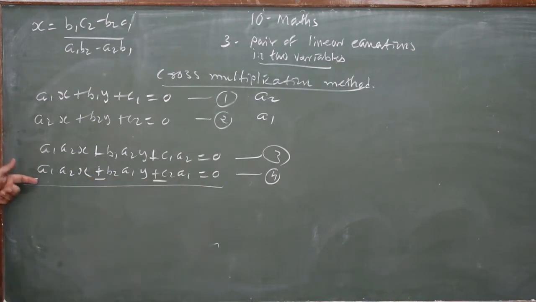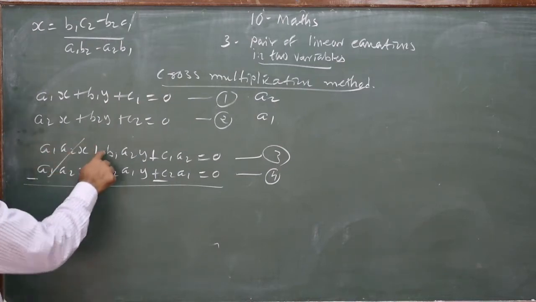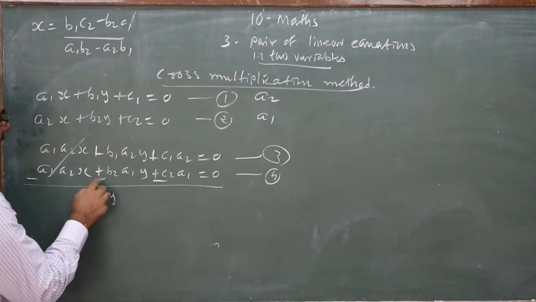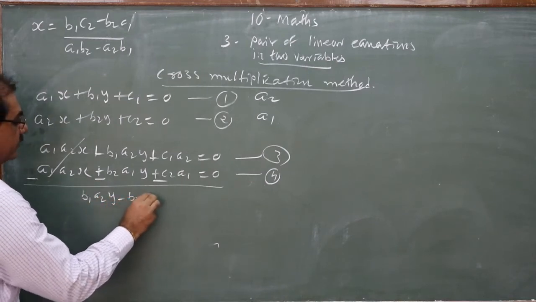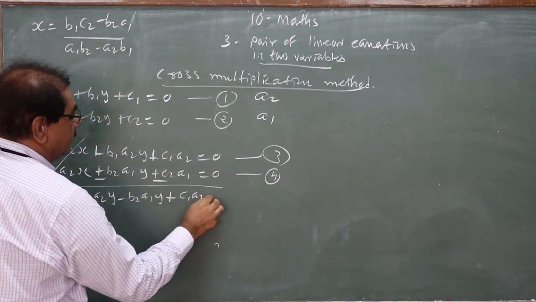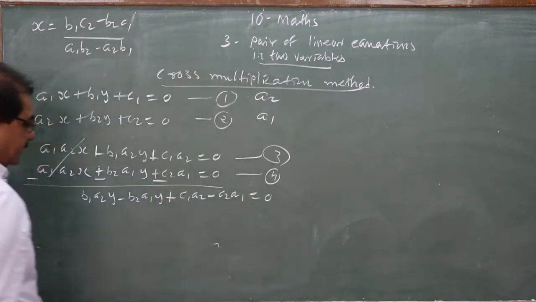Now check here, these two coefficients are equal, a1 a2, a1 a2, with opposite sign, so they cancel. So b1 a2y minus b2 a1y plus c1 a2 minus c2 a1 is equal to 0.